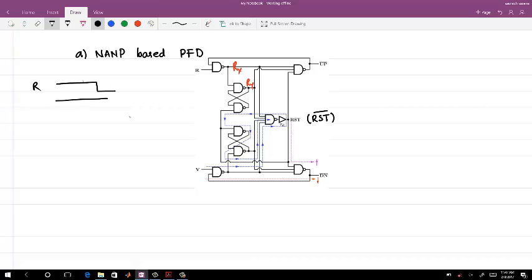Let's say the R and V signals are like this, and the reset signal was also high.